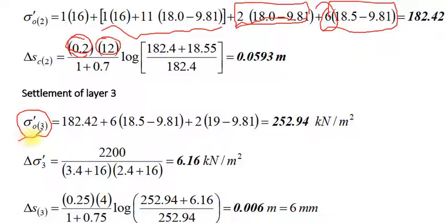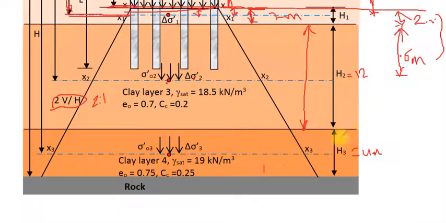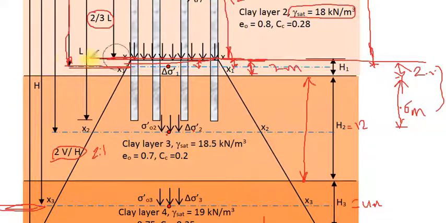For the third layer, also we have to compute the overburden pressure. The overburden pressure can be computed based on the previous value of sigma naught dash, 182, plus 6, the half of the layer plus half of the third layer. We have to compute sigma naught dash at the middle of the third layer, from the level of the equivalent raft to the middle of the third layer.